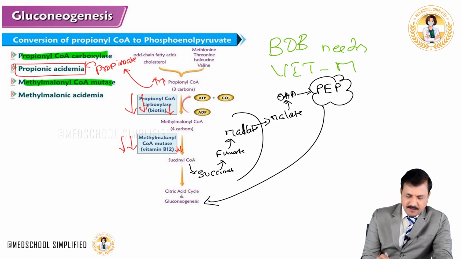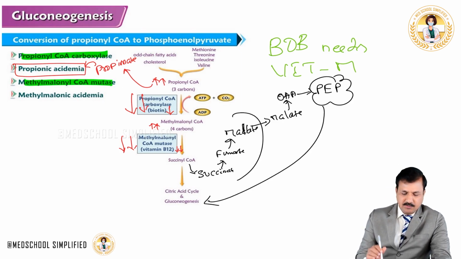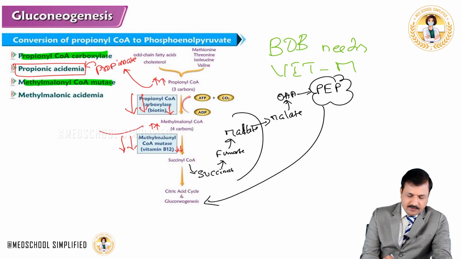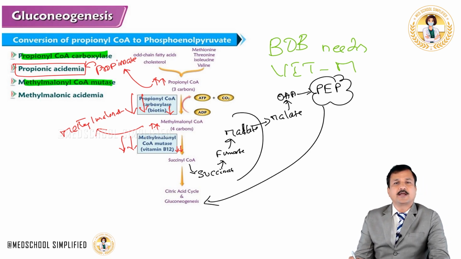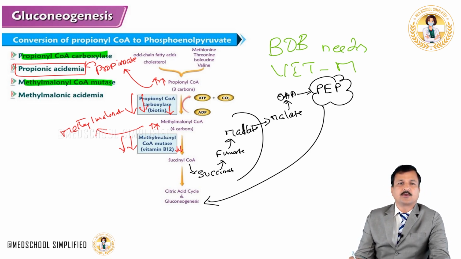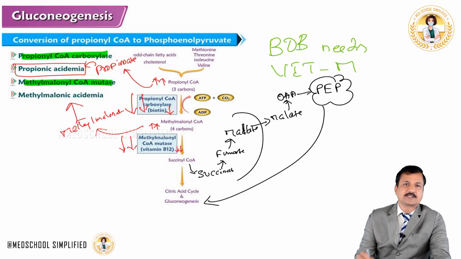So what happens? There will be accumulation of methylmalonyl-CoA at that time, and this accumulated methylmalonyl-CoA will be converted into methylmalonate, and methylmalonate is an acidic molecule, so it is going to accumulate and appear in the urine, and the accumulation causes methylmalonic acidemia.